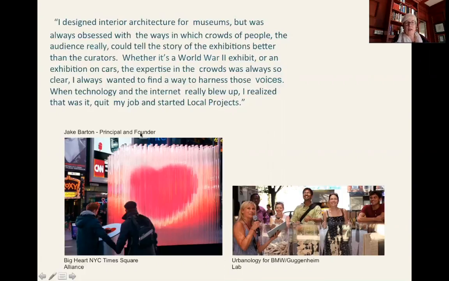I love this one, the big heart in Times Square. You touch this thing and that's your heart. It's crazy to watch people. So if we think about this idea of green technologies, it's that idea of not us as designers telling people why it's good to do it, but coming up with evocative and innovative ways that people want to share those stories.